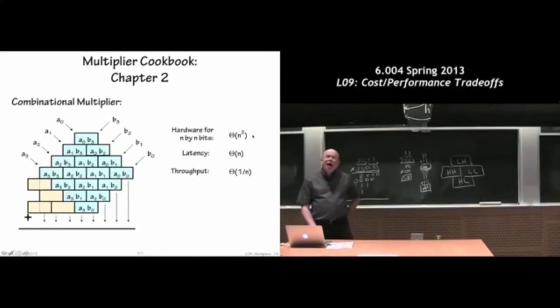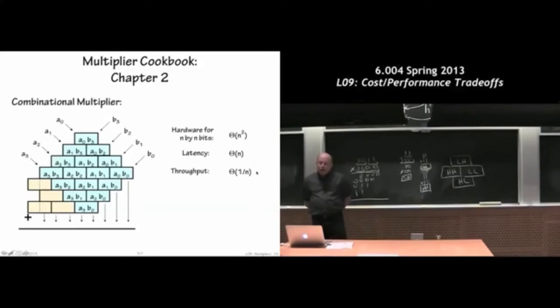Each one has constant cost, one full adder, or two full adders and an AND gate. So the hardware is n squared. The latency we just saw is order n. And the throughput, because this is a combinational circuit, is 1 over the latency, or 1 over n. We produce one answer every n time units.